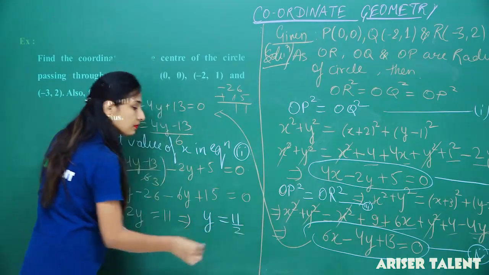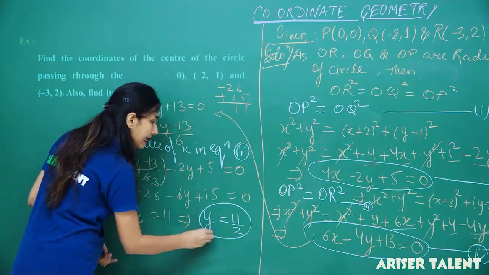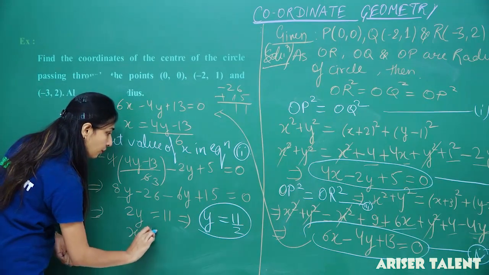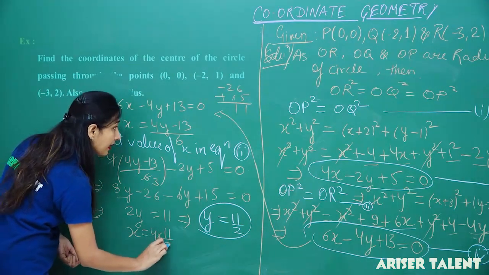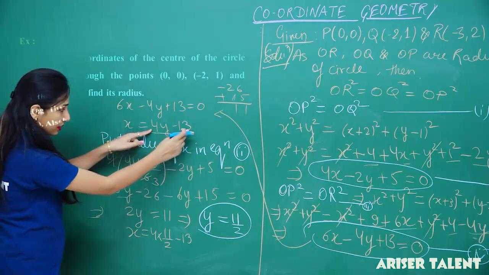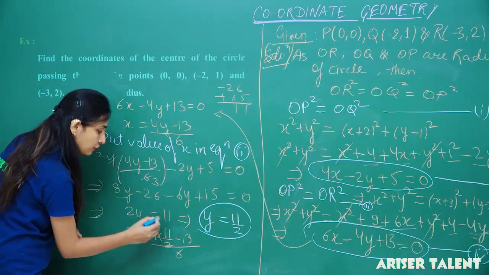11 by 2. If y equals 11 by 2, put the value of x from here: x equals (4 multiplied by 11 by 2 minus 13) by 6. That will be cut by 2.